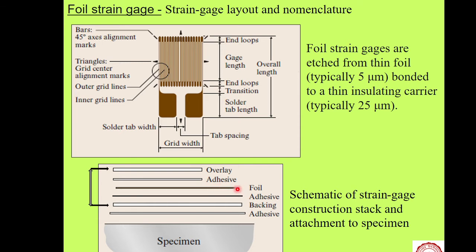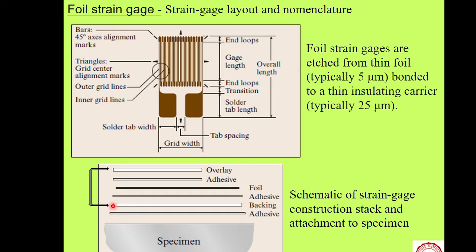So, this is the foil, the metallic part, then the top and bottom covering, they are fixed by some adhesive. From this overlay to this backing, this part, this is the thickness of the strain gauge that we get from the manufacturer.